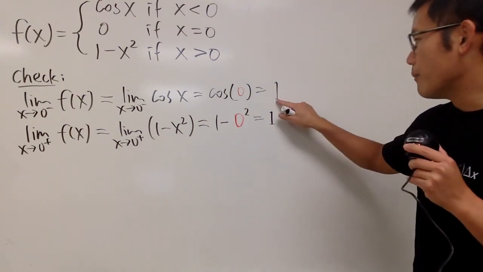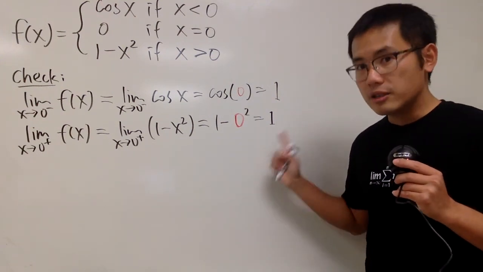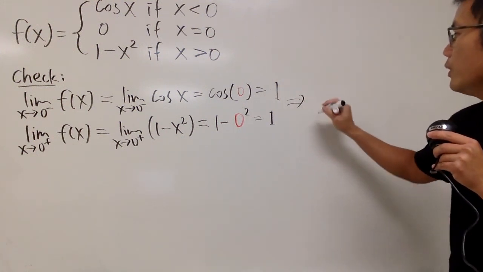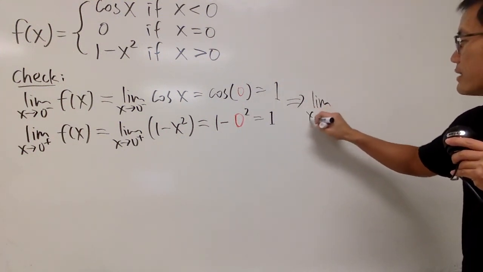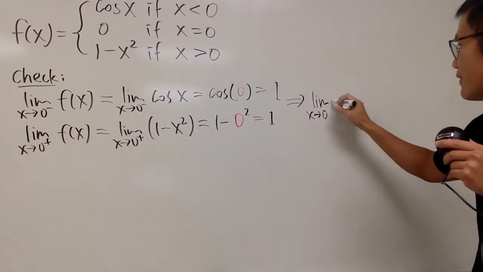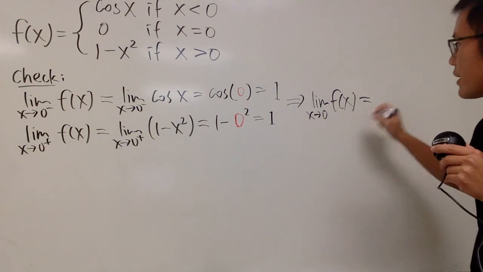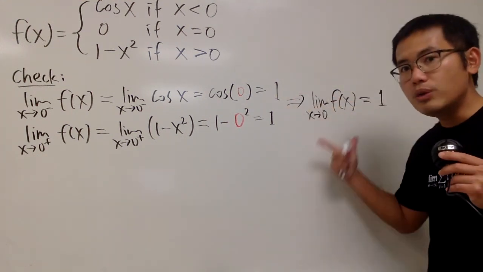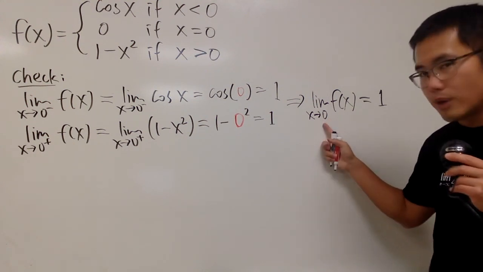However, notice that although they are the same, this right here together will tell us that the limit when x approaching 0, without any plus or minus, of the function f of x is just equal to 1 because they are equal. So yes, we do have a limit when x approaching 0.